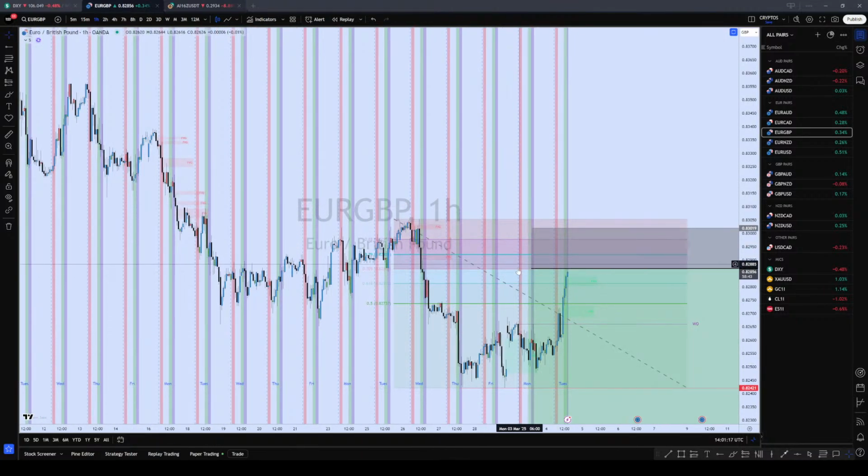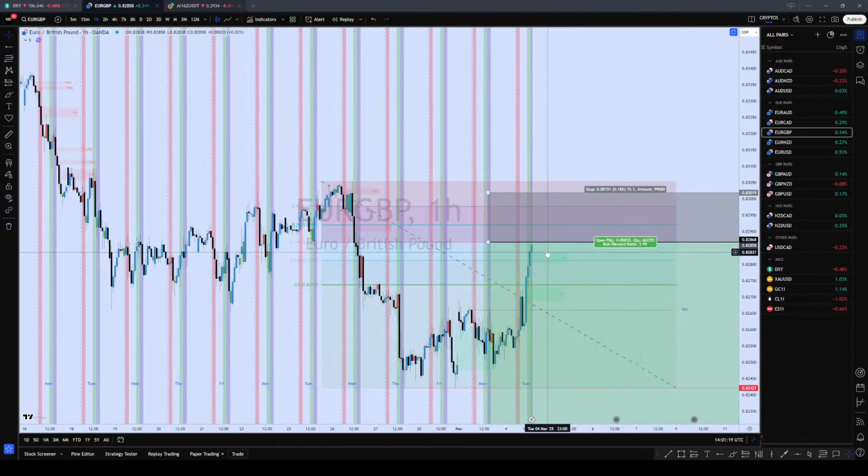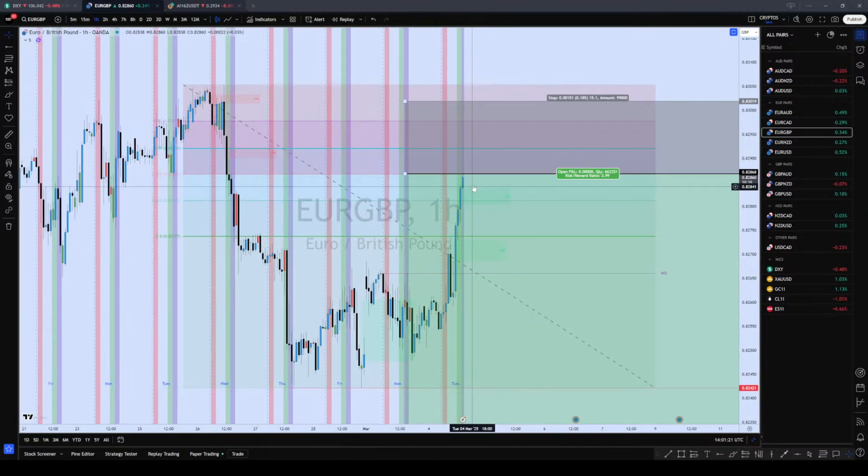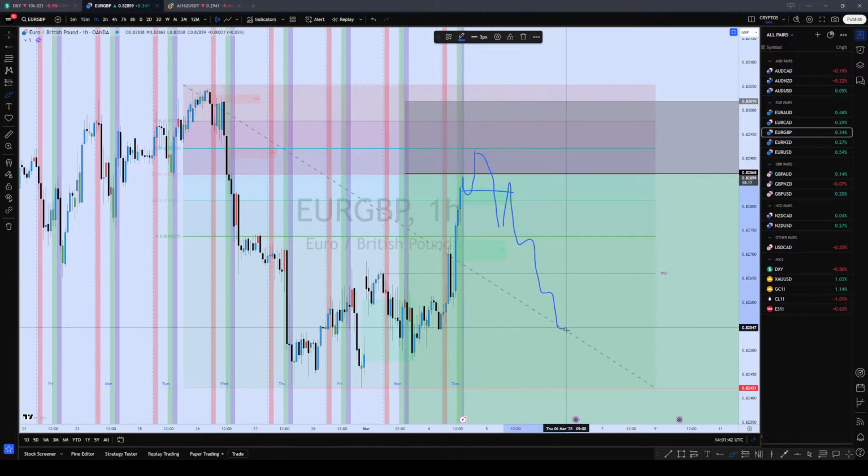Hence, the way I personally would like to trade this is to wait for a confirmation. I'll wait for price to get there and give me a confirmation that it wants to go lower. What type of confirmation? They run up, reject, confirmation, then I'll sell it.